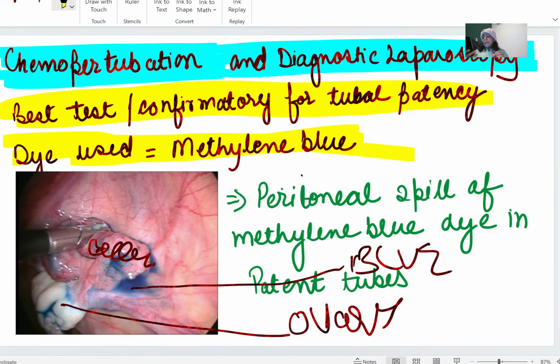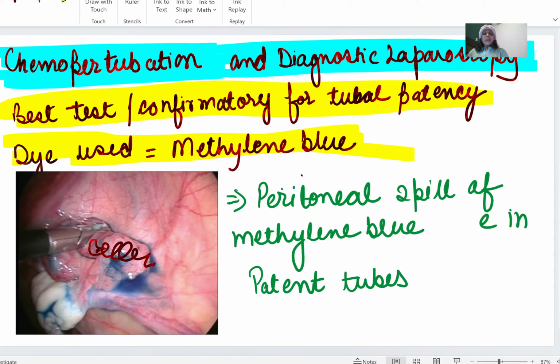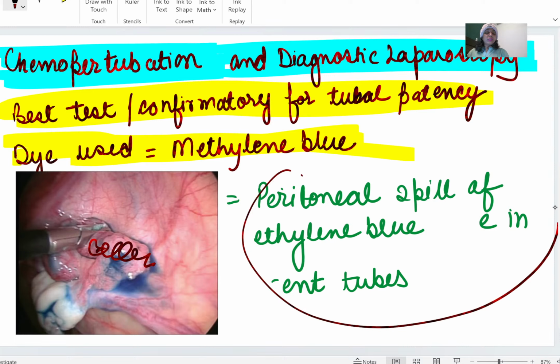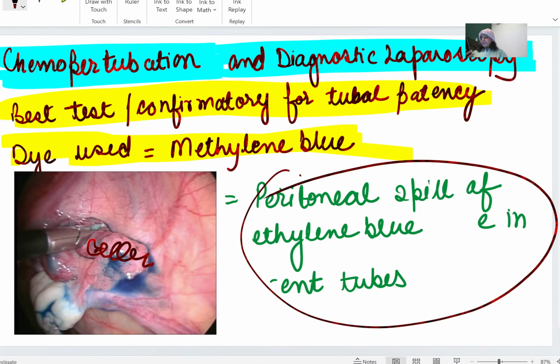So we see it by laparoscope. Peritoneal spill of the methylene blue dye indicates patent tubes.